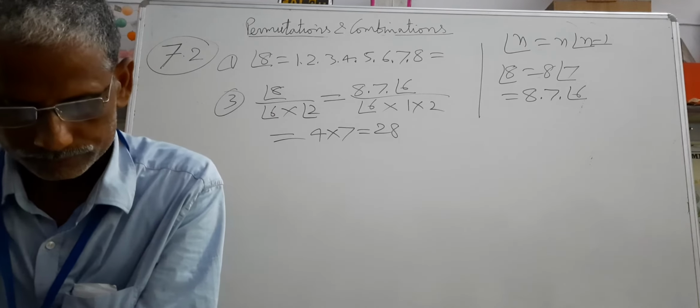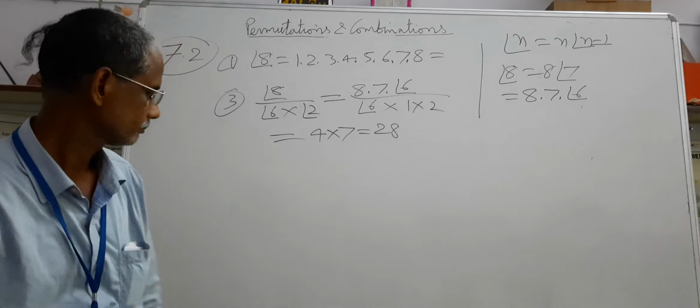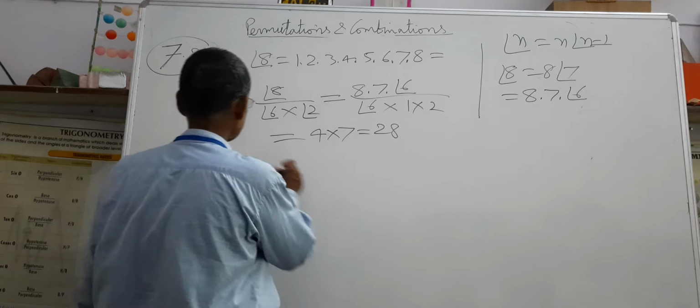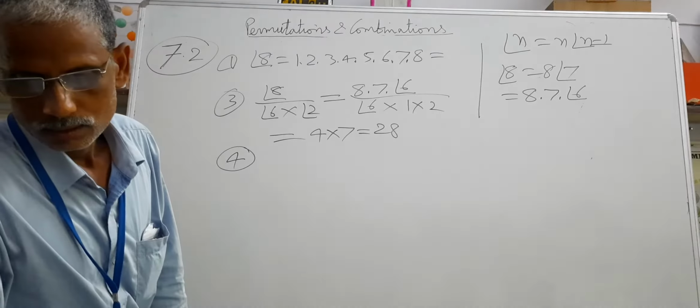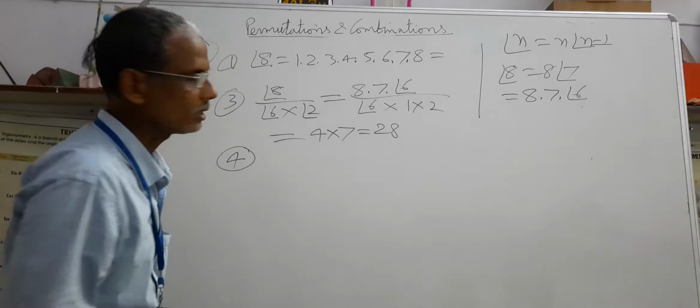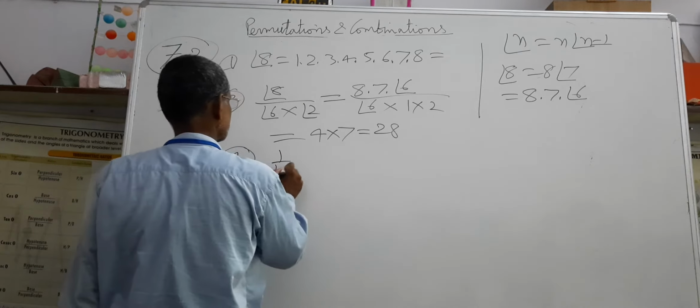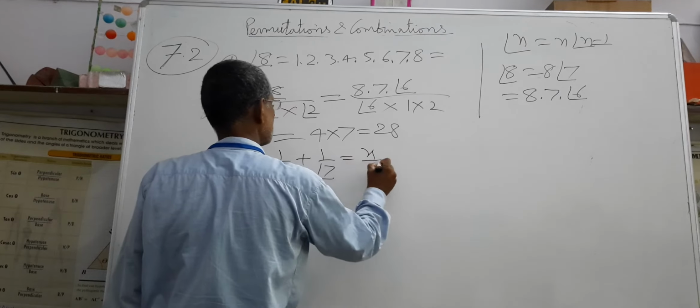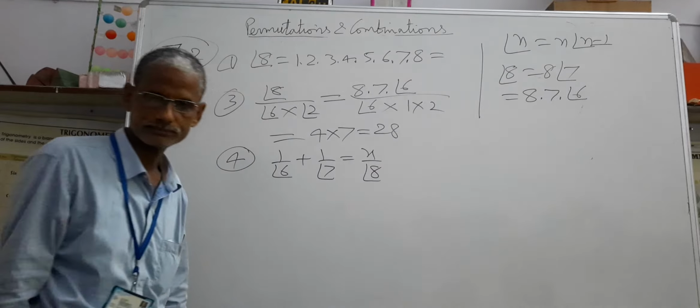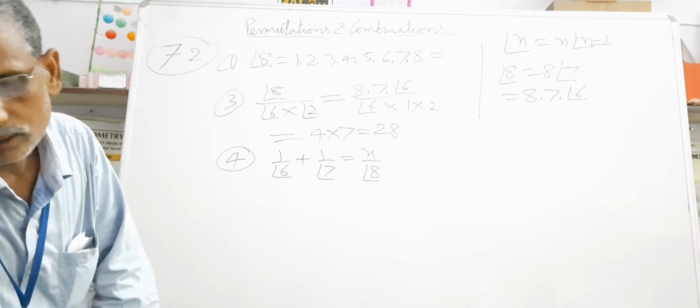Now question number 4. 1 upon factorial 6 plus 1 upon factorial 7 is equal to x upon factorial 8. Find the value of x.